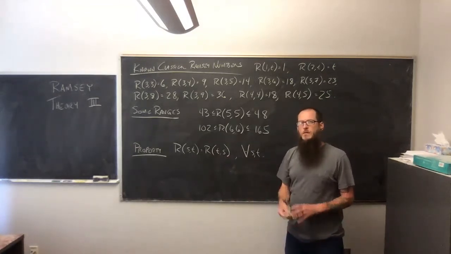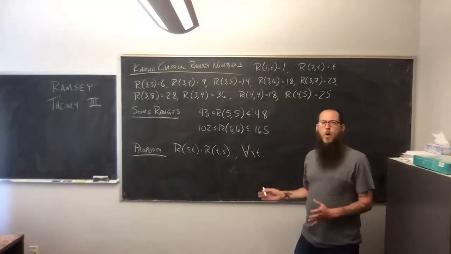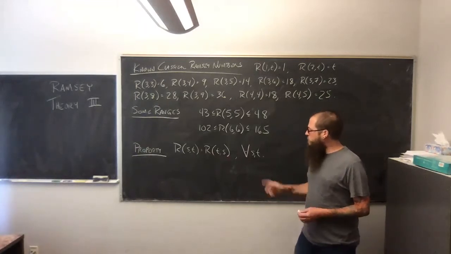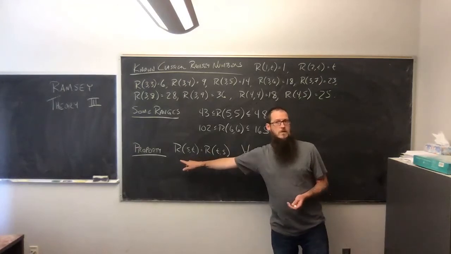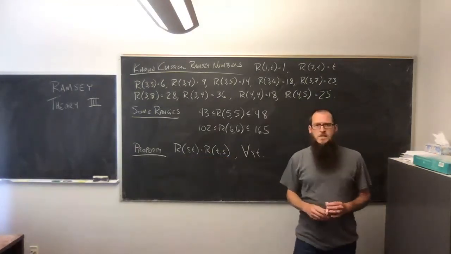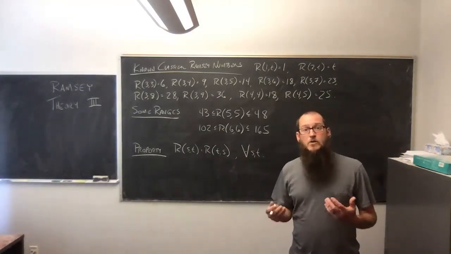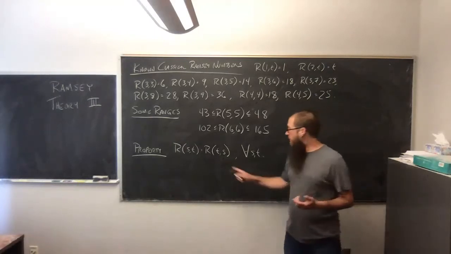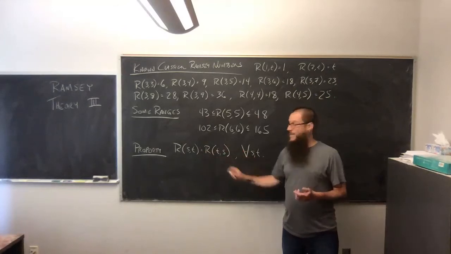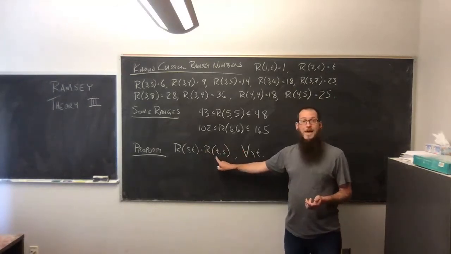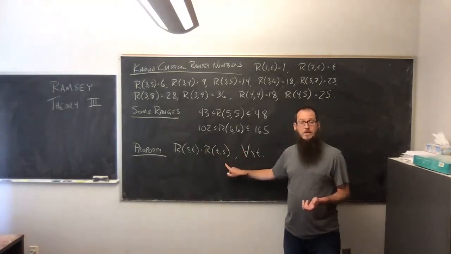But you can also give a more rigorous argument as to why this is the case. If you were to assume that, say, R of T,S was strictly greater than R of S,T, well, what that means is that we can find a two-coloring of a complete graph with this many vertices minus 1 that lacks a red K_T, and lacks a blue K_S.